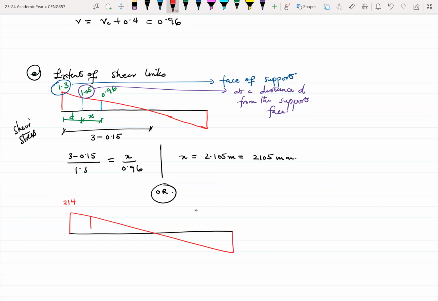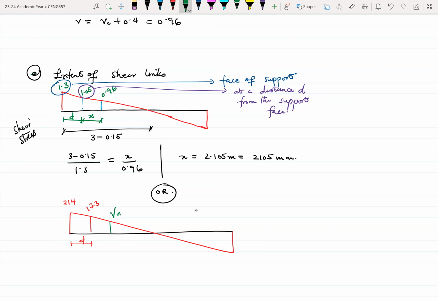And then the shear force at a distance D, so this is your D, we found that one to be 173.